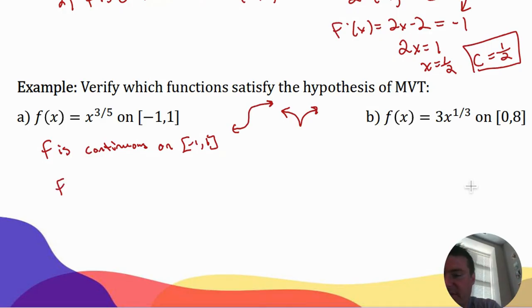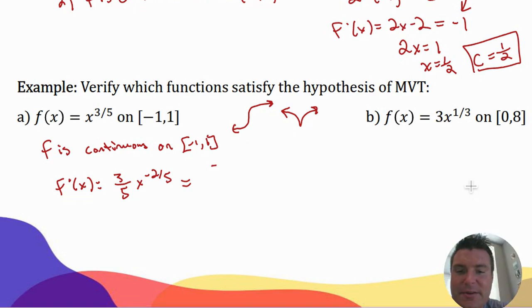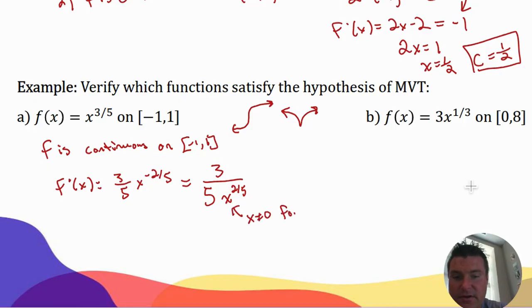So let's find f prime of x. That's going to give me 3/5 x to the -2/5. If you know how to rewrite that with your algebra, it gets a little bit easier, because we can write it as 3/5 x to the 2/5 on the bottom. Why I think it's easier is we can tell that x cannot equal 0 for the derivative.